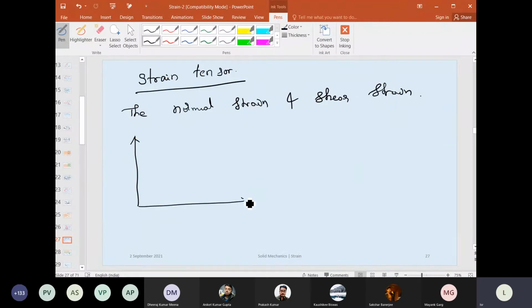Let's say this is the x and y axis. Now let us say I have put delta x and delta y, and this is gamma xy by 2.